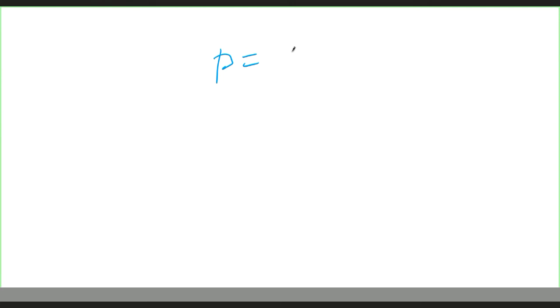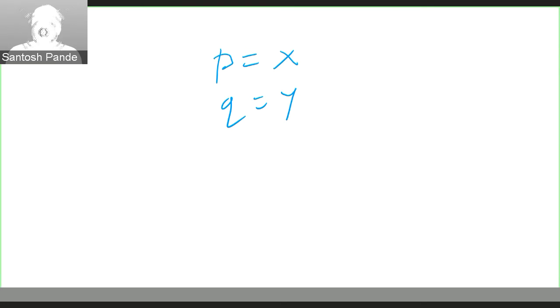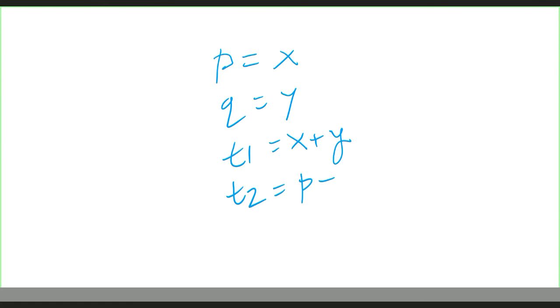P is equal to X, Q is equal to Y, T1 is X plus Y, T2 is equal to P plus Q. Let's do the SSA form here first, and then we'll see how to figure out the equivalence of T1 and T2 using the SSA based notation.